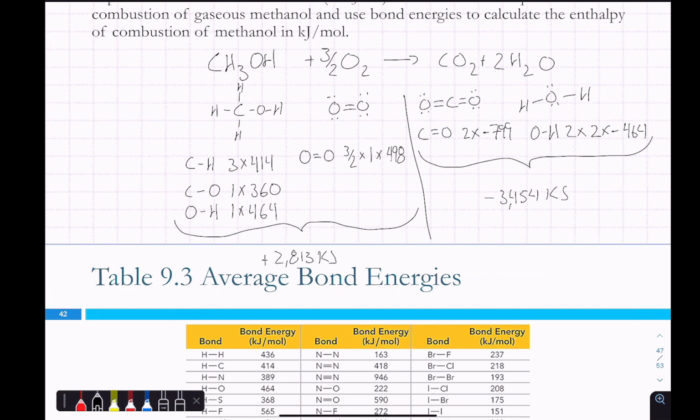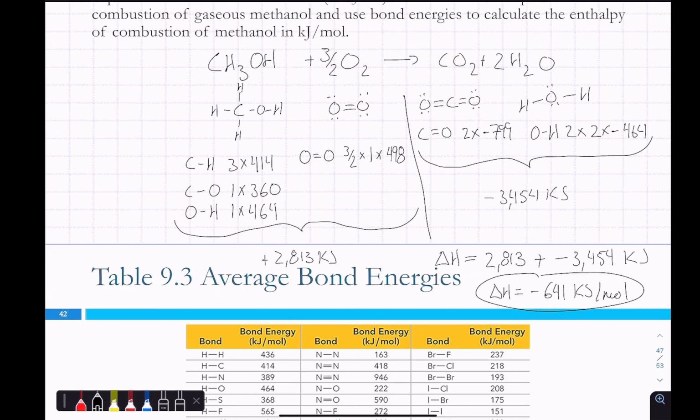And to calculate the delta H of the reaction, this will just be the 2,813, I'm going to say plus a negative 3,454 kilojoules. And if I can get this right on my calculator, that's going to give us a delta H of negative 641 kilojoules per mole.